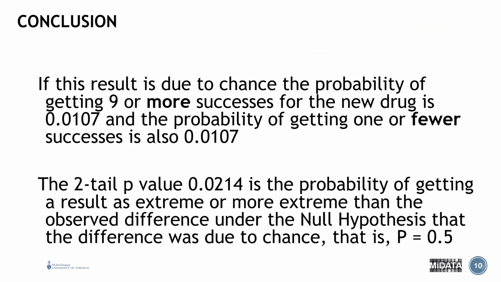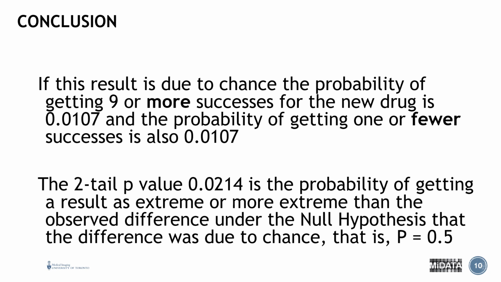So in conclusion, we can state that if this result is due to chance, the probability of getting 9 or more successes for the new drug is 0.0107, and the probability of getting 1 or fewer successes is also 0.0107.